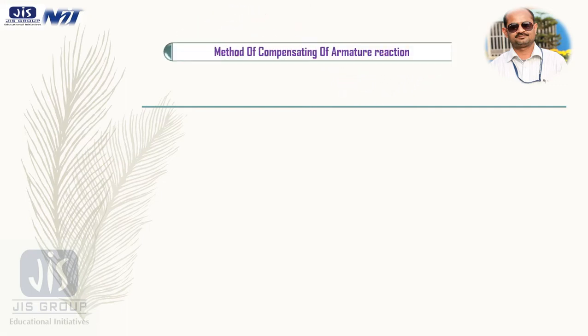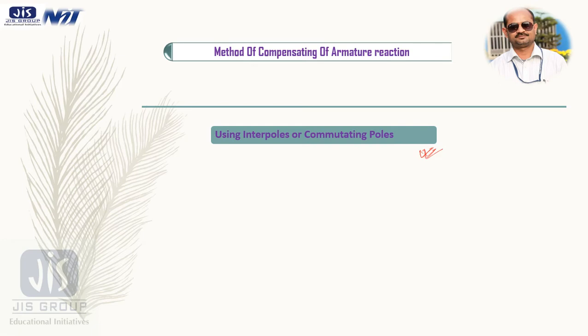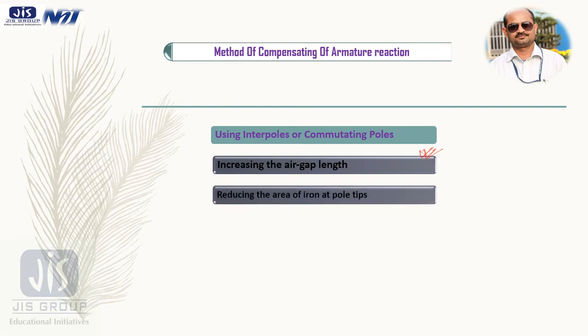So what can be done to reduce this armature effect, to compensate this armature reaction? We can use interpoles or commutating poles. Okay, in detail we will discuss later. Increasing the air gap length, reducing the area of iron at the pole tips, and use of compensating winding.